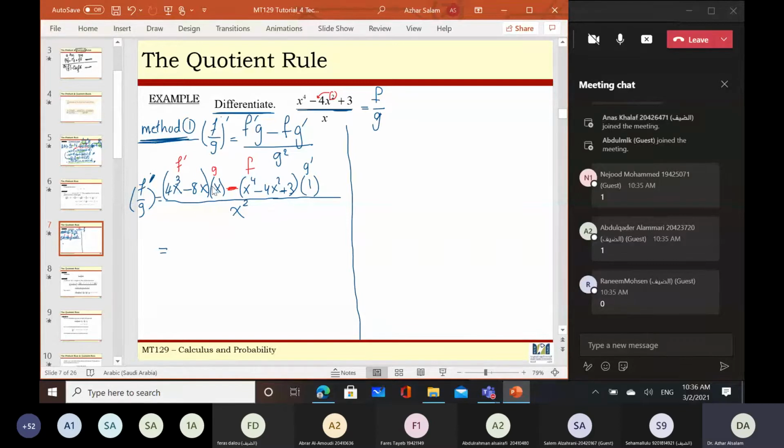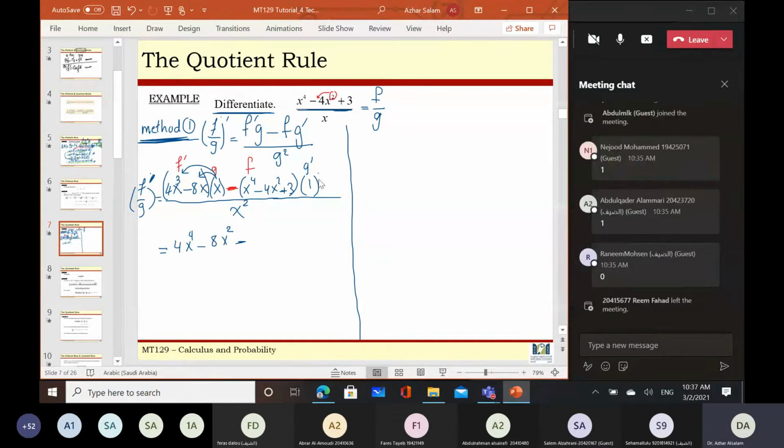Here, since there is no power raised on the derivative, I can bring the x inside the bracket. Okay, I can here multiply 4x to the power 4 minus 8x square. All I did was put the x inside this bracket. Then minus, notice here, of course multiplying by 1 will not make any difference, but here I have a minus, so I have to change each sign inside the brackets.